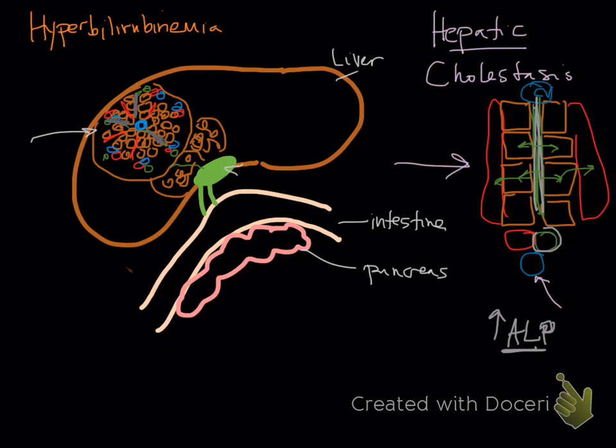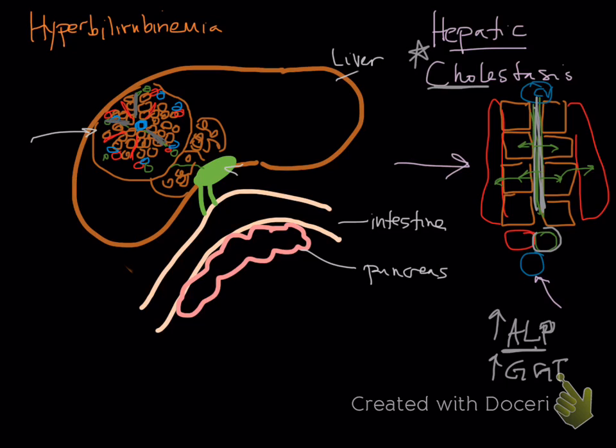The biliary epithelial cells, the cells that are lining the bile canaliculi and the bile ducts, undergo hyperplasia, and that causes an increase in GGT, and the GGT also increases for the same reason as the alkaline phosphatase, that the cells are getting stressed, just the hepatocytes themselves, and making more GGT. So what supports hepatic hyperbilirubinemia and cholestasis is this increase in bilirubin along with increases in alkaline phosphatase and GGT. And all the things that I mentioned are considered obstructive cholestasis.